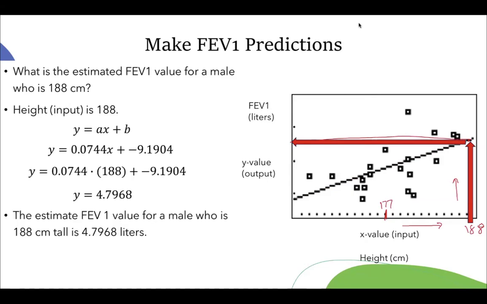Okay, so let's put this into words. The estimated FEV1 value for a male who is 188 centimeters tall is 4.7968 liters. So as X increased from 177 to 188, Y increased from 3.9784 to 4.7968.